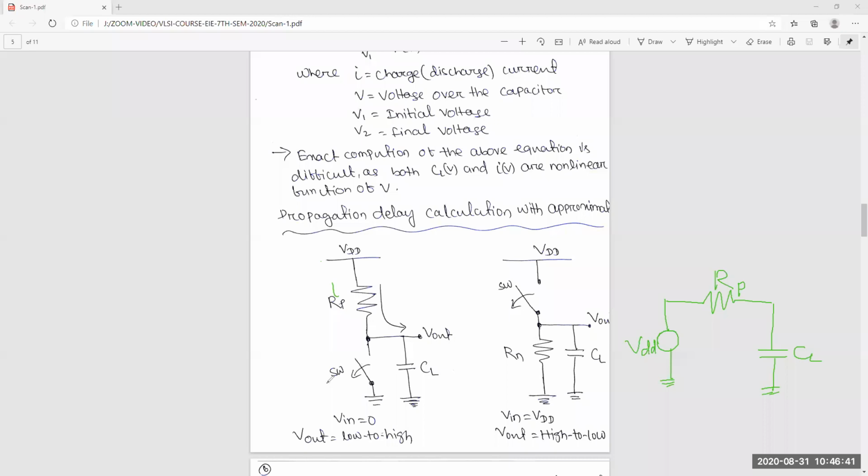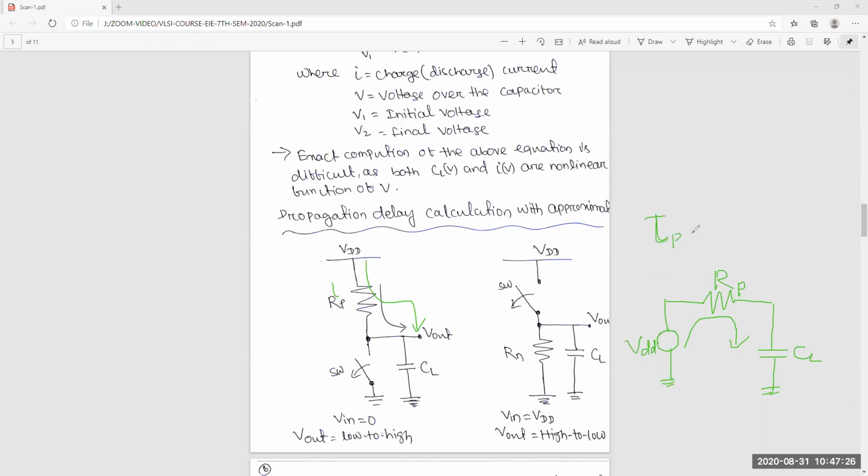When this switch was off, initially this was on, previously this was on and this was off. Now suddenly this switch was off. That means the voltage you will get, you can discharge through a current. So now this VDD will charge this capacitor. This is an RC circuit. So how will you solve this? What is your tau?